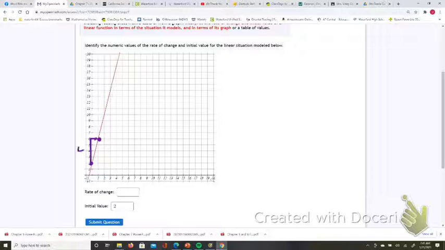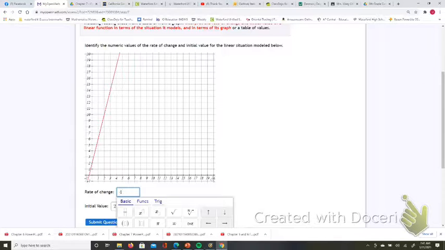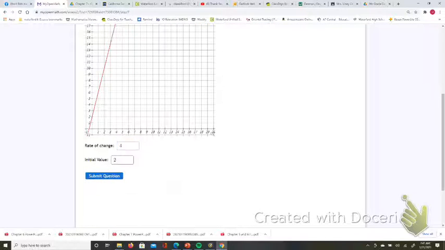I went up 4 and over 1. So my slope, my rate of change, is up 4 over 1, and 4 divided by 1 is 4. So now I go back here and I put 4. And then I make sure there's nothing else and I submit.